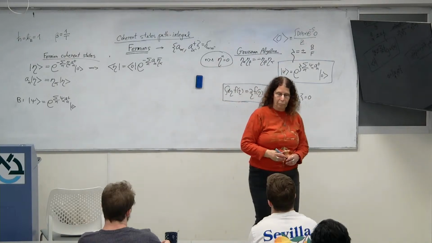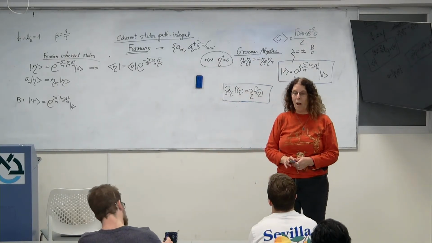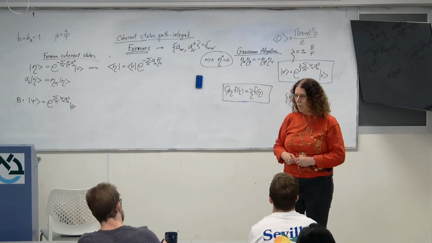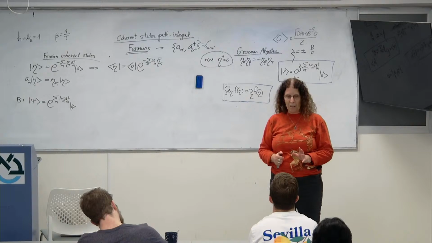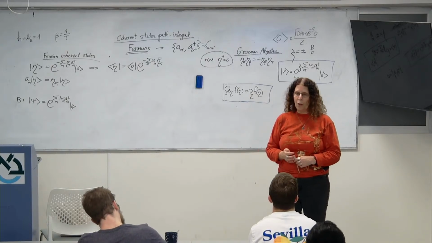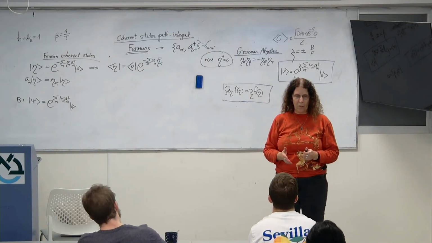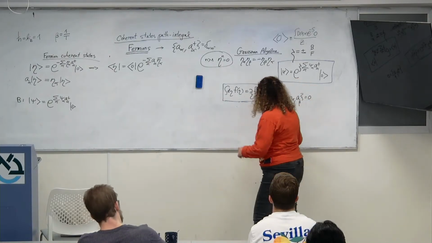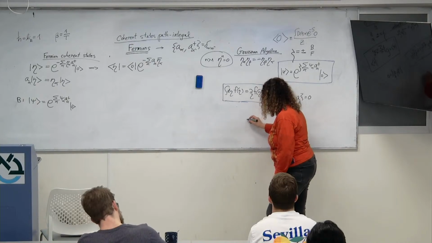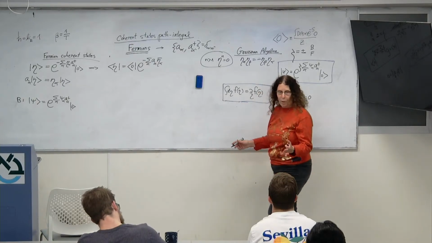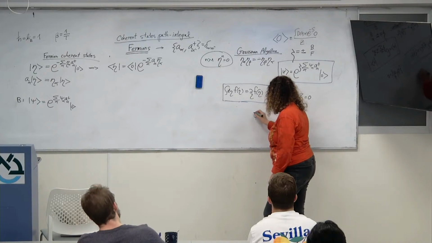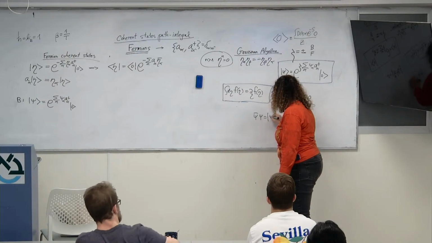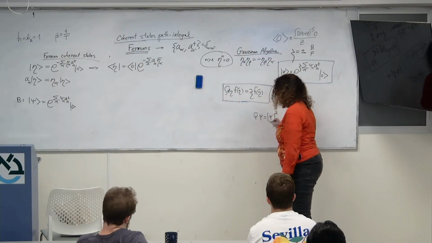How do you find the complex conjugate of a Grassmann variable? You can't. It's not a complex number. I call it eta bar, but it's not a complex conjugate. Why can it not be a complex conjugate? Because if you have a complex number, psi bar psi is equal to the absolute value of psi squared, right?